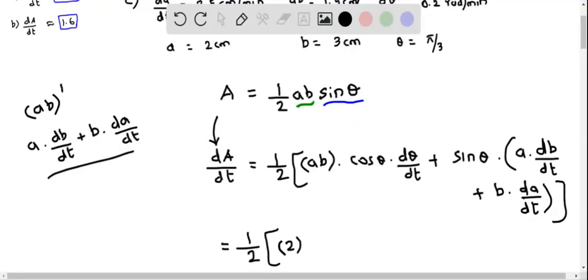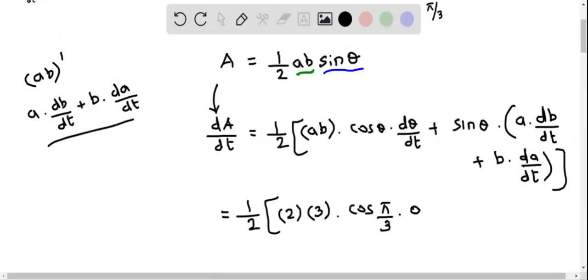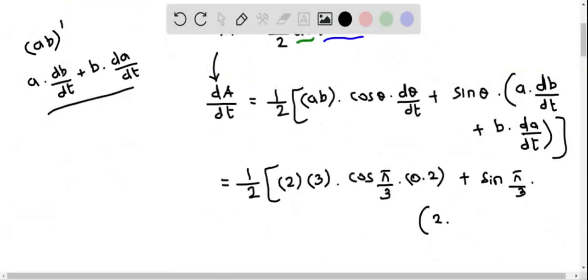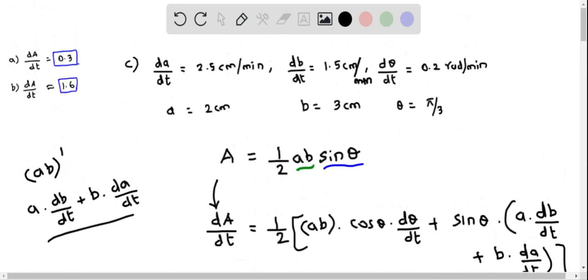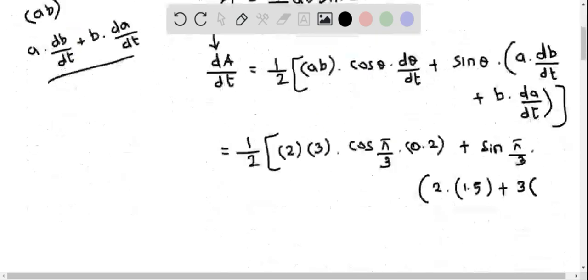This is 2, this one is 3, and cosine of theta is pi by 3, times d theta by dt is 0.2, plus sine pi by 3, and this multiplied with a, which is 2, and db by dt is 1.5, plus b equals 3 times dA by dt is 2.5.